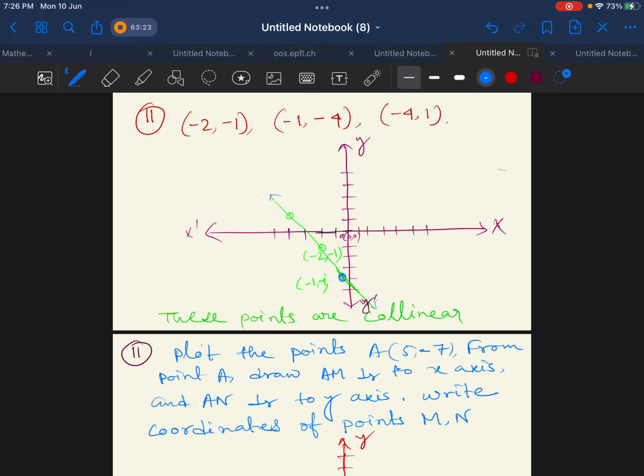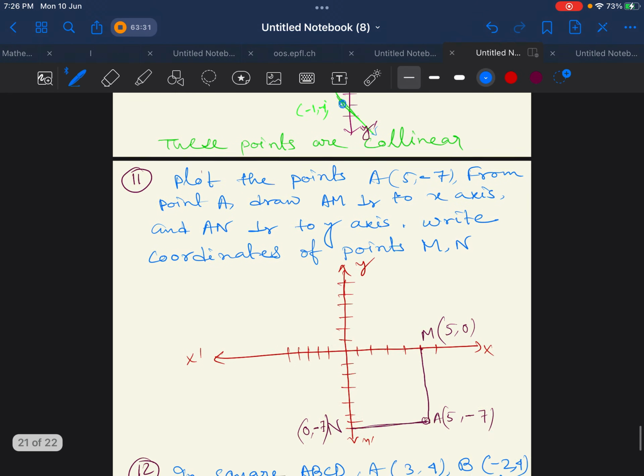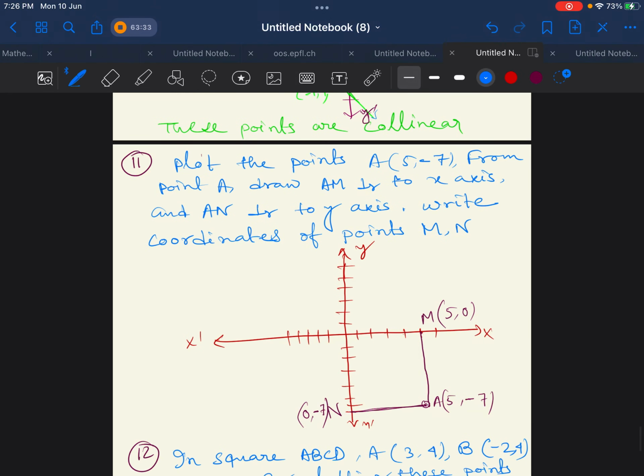These 3 points are lying on the same line, so these points are collinear.